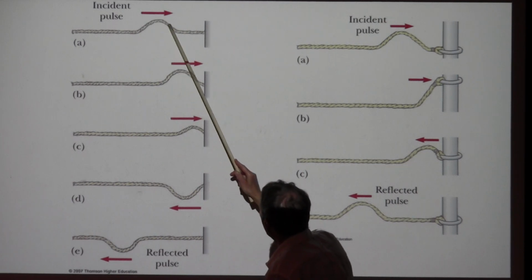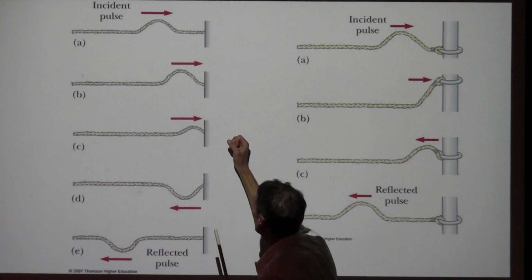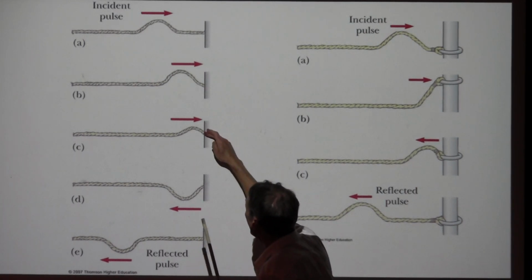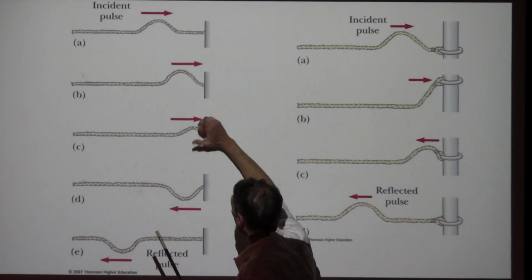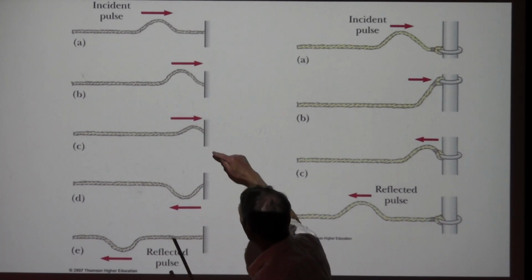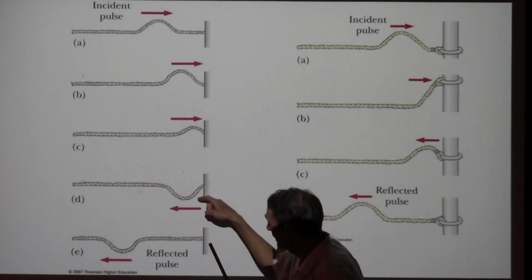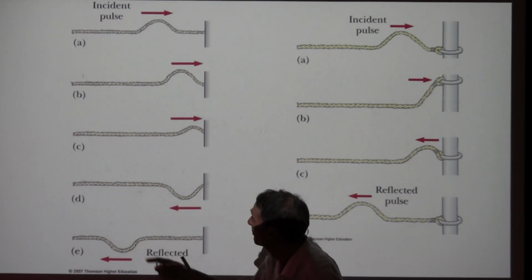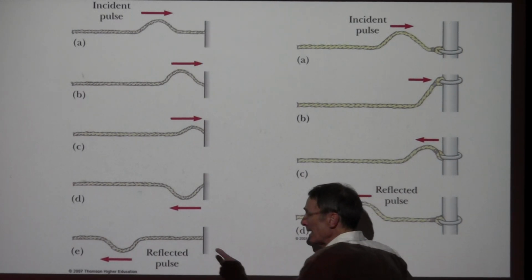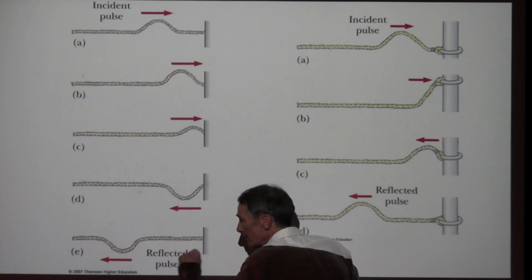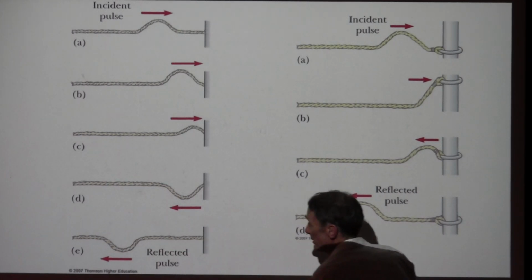When the pulse gets there, it wants to jerk up on the wall, but it's tied to the wall, so it doesn't. So the action is up, but the reaction is down, and the reflected pulse is going to be upside down from the original pulse coming in. We would say this is phase inverted, or out of phase with what it was when it came in.